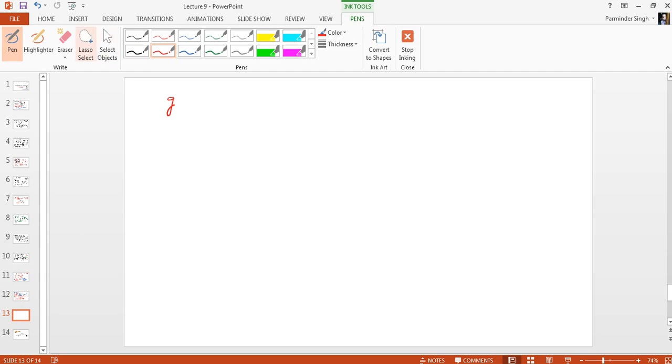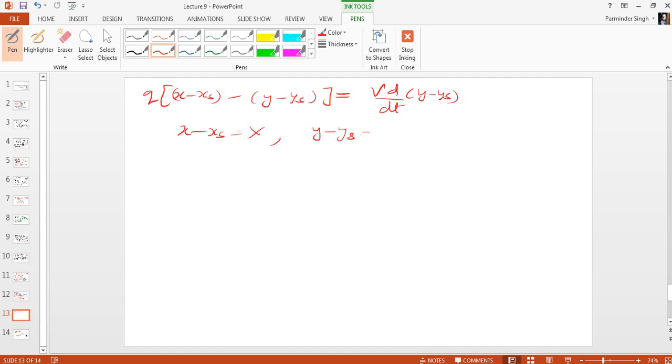I'll write again, Q into (X minus Xs) minus (Y minus Ys) equal to V dY/dt of (Y minus Ys). So deviation variables, X minus Xs is capital X, Y minus Ys is capital Y. So Q into (X minus Y) is equal to V dY by dt.